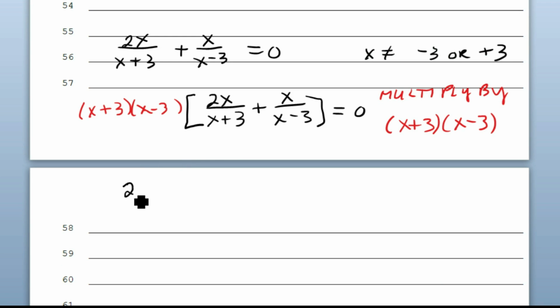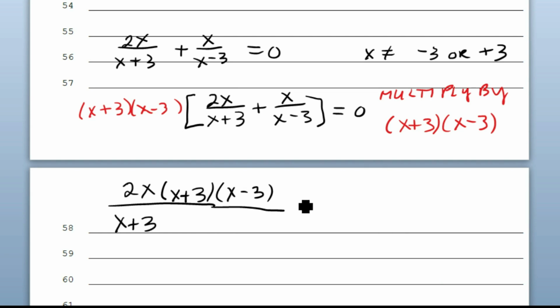Distribute these in there, you'll have 2x over x plus 3 times x plus 3 times x minus 3, and this will be plus x over x minus 3 times x plus 3 times x minus 3. And it's all equal to 0.